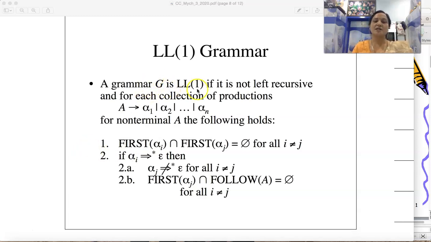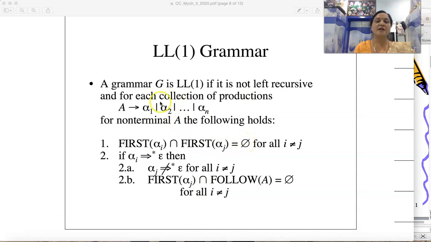A grammar G is LL1 if it is not left recursive. The first condition is that the grammar should not have left recursion. For each collection of productions A tends to alpha 1, alpha 2, alpha n, the following condition should hold for this non-terminal A. What is the first condition? First of alpha i intersection first of alpha j should be empty.